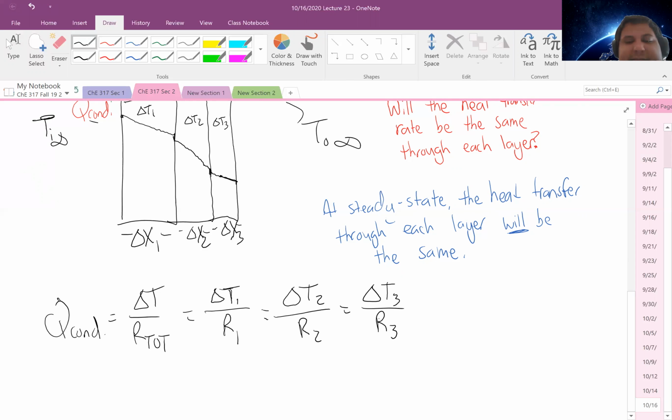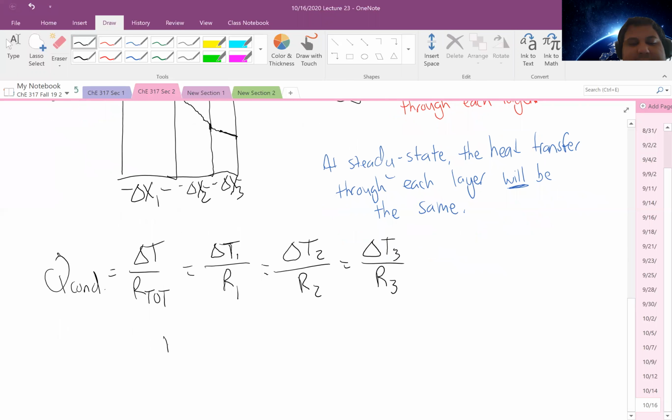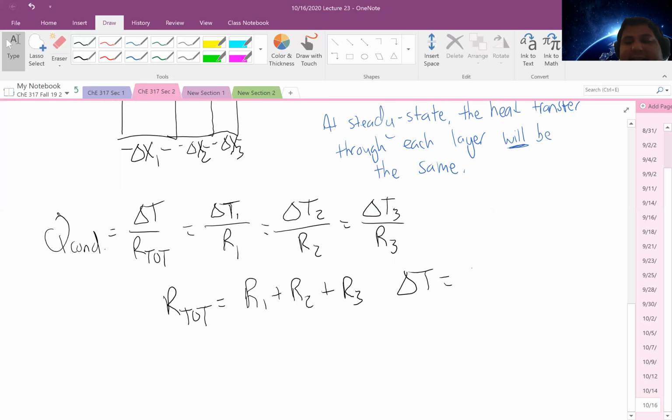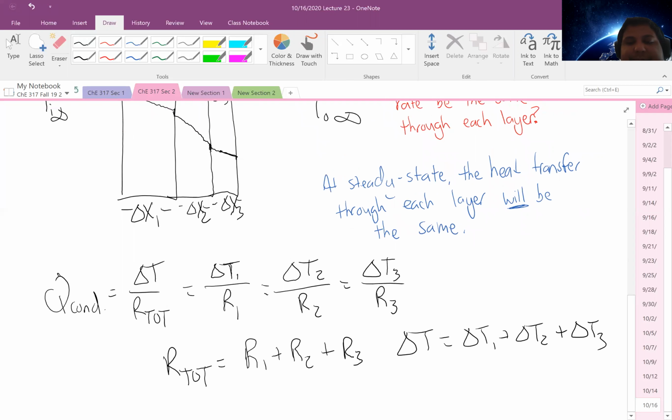What this allows me to do, to find my R total, is that it simply becomes the sum of the thermal resistances in each layer. At the same time, my total temperature gradient is simply the sum of the gradients in each layer.